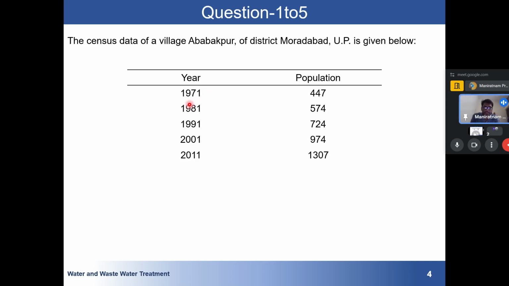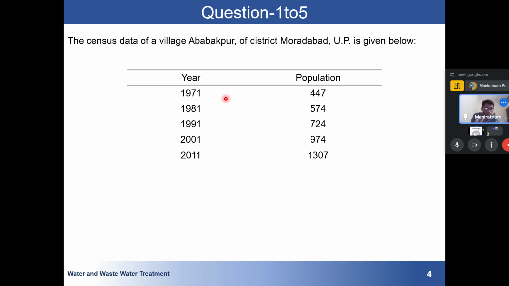We know that every 10 years there is a census, a counting of the number of people in a particular area. From the past population we try to develop some model, some progression of how this population is increasing, and based on that we try to predict the future population.